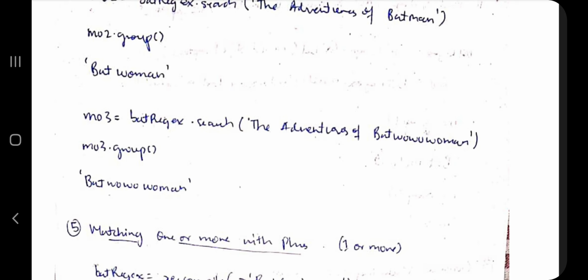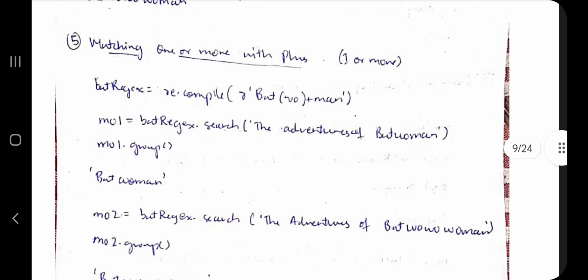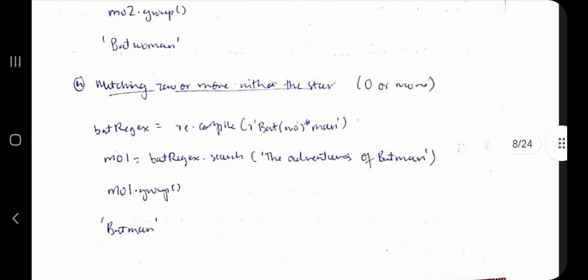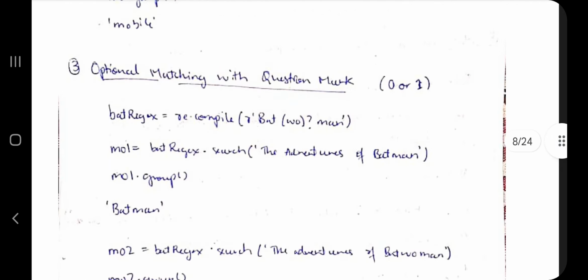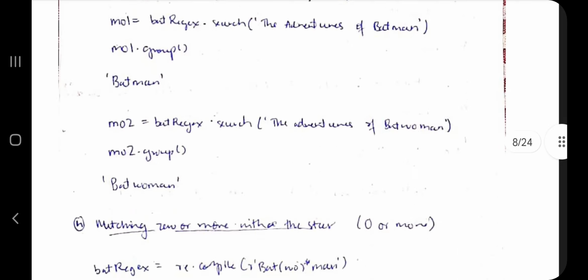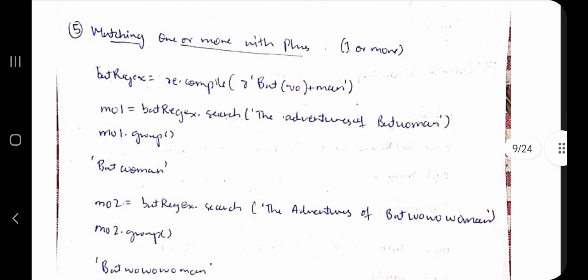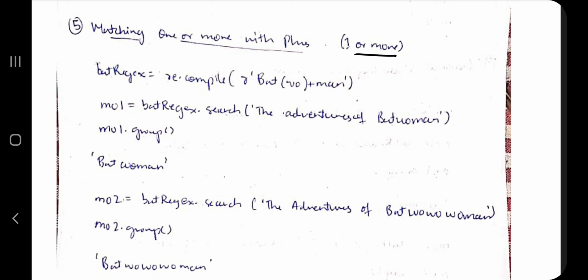Okay. The next one is matching one or more with a plus. In the previous two cases we have seen 0 or more, or 0 or 1. So, if you do not want 0, meaning at least 1 should be there, I can use 1 or more. Here we will be using the plus sign. Plus means at least one time it should be repeated in the text which I am passing.